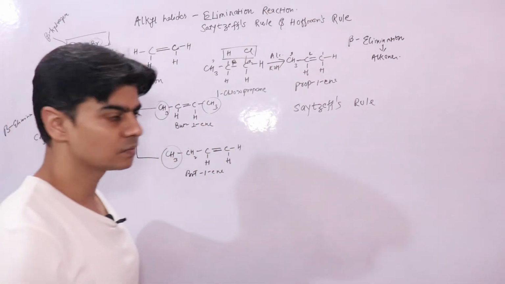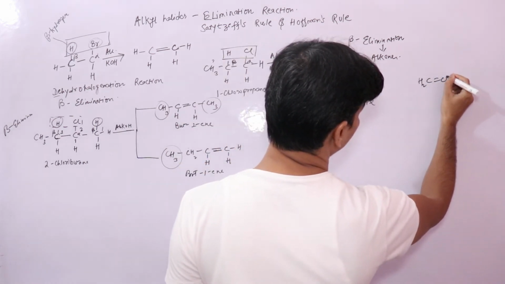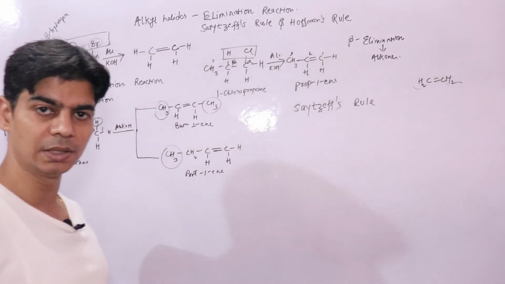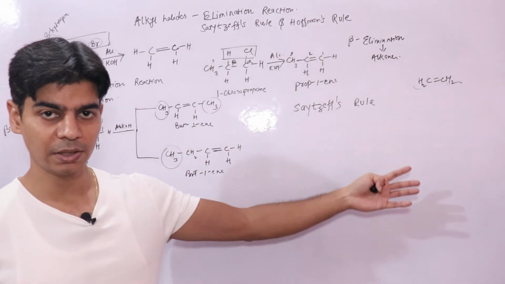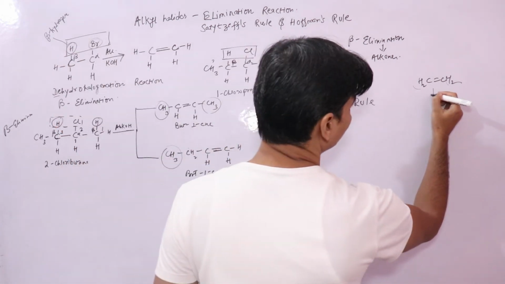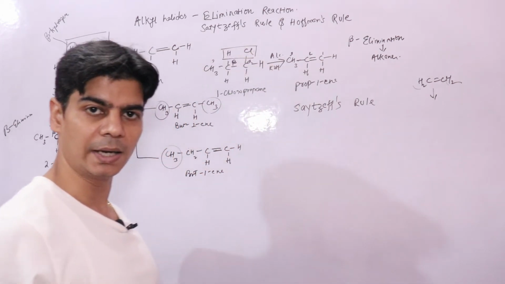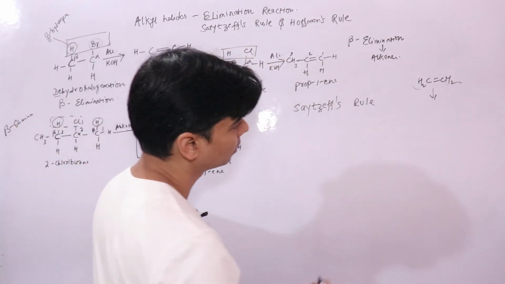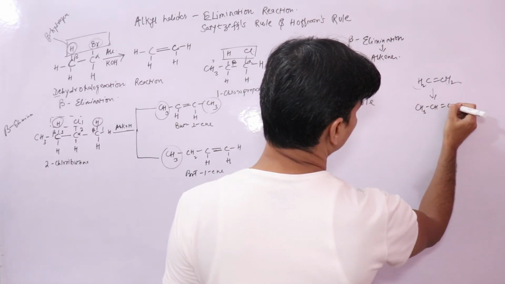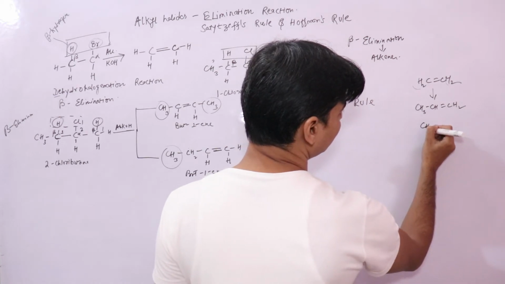So what do you mean by a substituted alkene? If this is an alkene, you have just hydrogen atoms in this alkene. This is a terminal alkene which is not substituted as of now. Now if I remove hydrogen atoms and replace them with alkyl groups, I am substituting it.